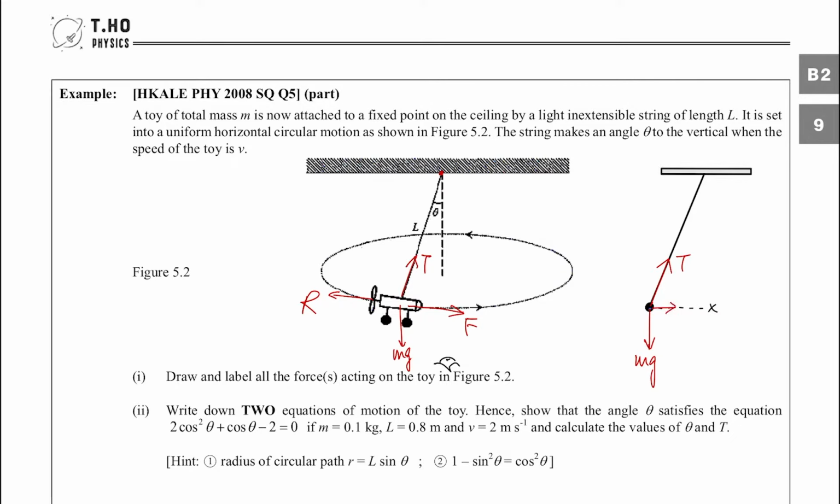So we can resolve the T into its horizontal component and vertical component respectively. What we know is this angle is theta. So the vertical component will be T cosine theta, whereas the horizontal component will be T sine theta.